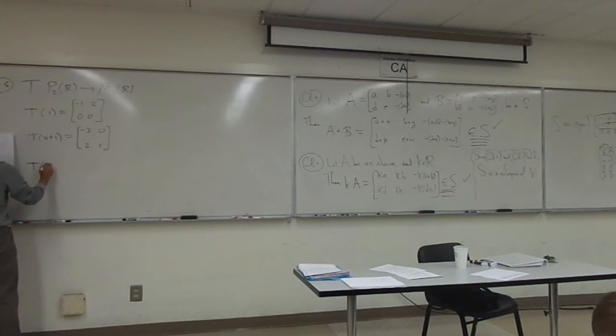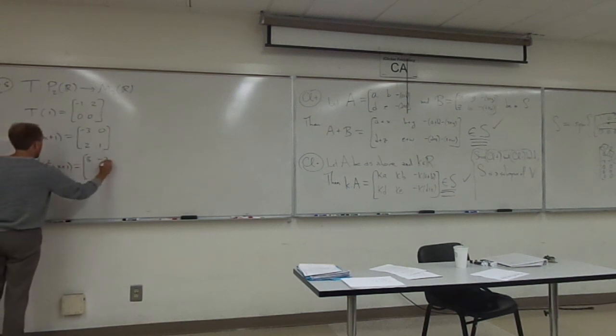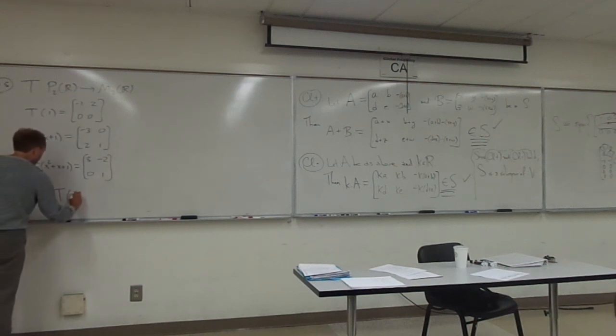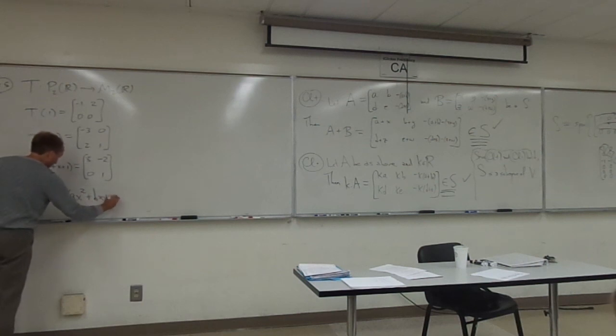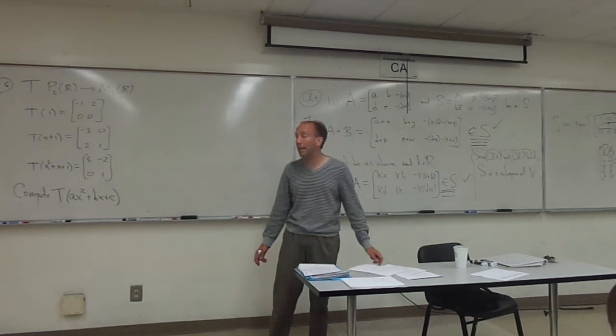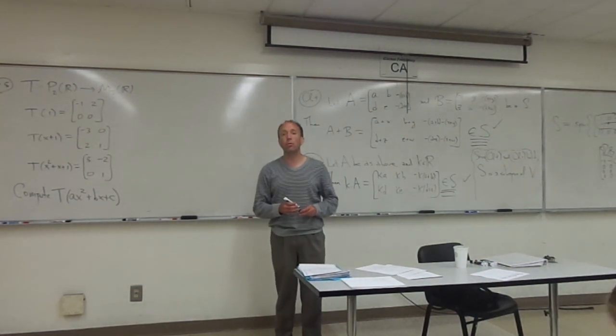And T of x squared plus x plus 1 is 3, -2, 0, 1. So here's the question. Compute T of ax squared plus bx plus c. In other words, find the formula for T of any arbitrary quadratic.